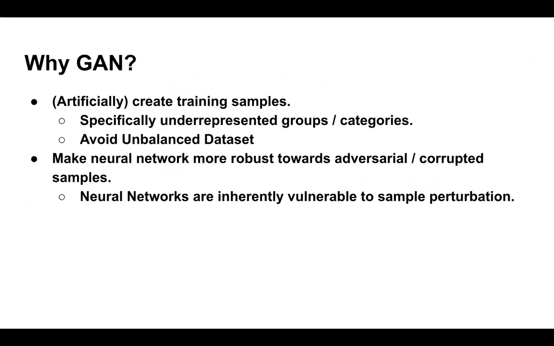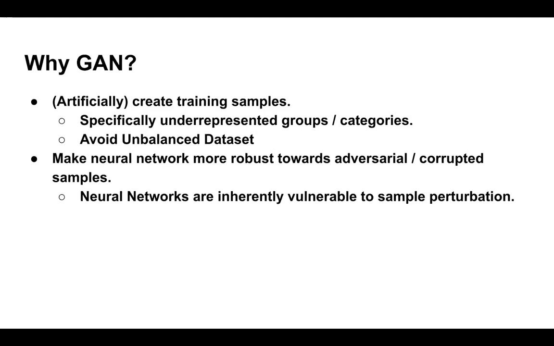So now that we have talked about the concept of GANs, let's also review why we have GANs. It is partly answered in the motivation behind GAN, but what is the use of it? The first thing is to artificially create training samples.